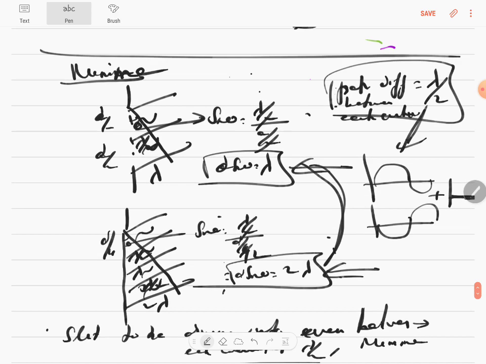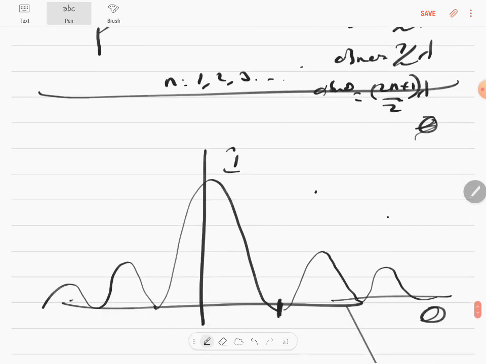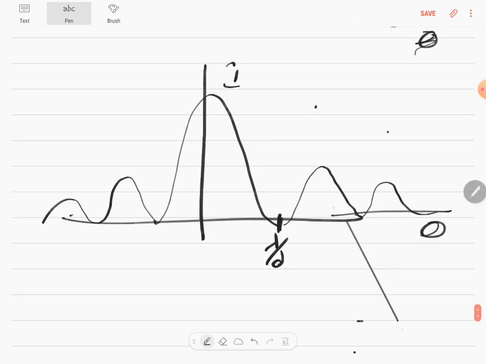What is theta here? I get lambda by d for the first minima. So the first minima occurs at lambda by d, then 2 lambda by d, and then 3 lambda by d, and on the other side minus lambda by d, minus 2 lambda by d, and so on.